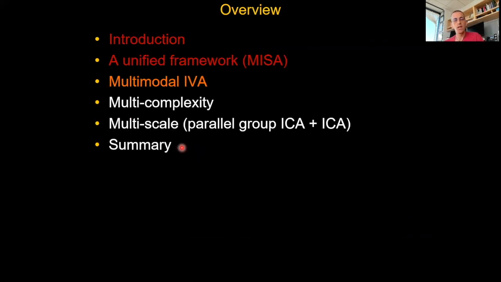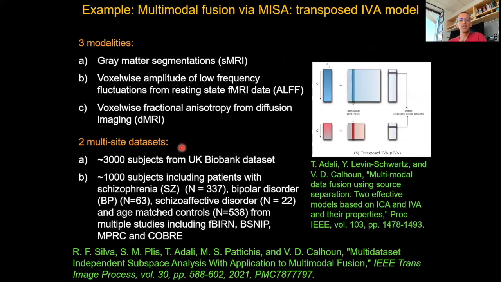So next, I'm going to just show an initial analysis from some real data where we're implementing what's called the transposed independent vector analysis model within the MESA framework. So in the transposed IVA model, we have, say, voxels in this direction and subjects in this direction, and we're essentially identifying a common profile across data sets.